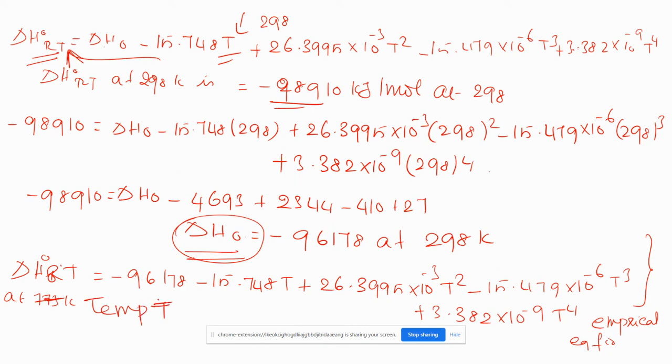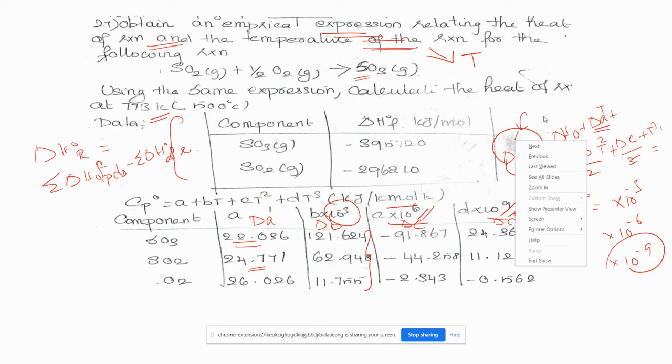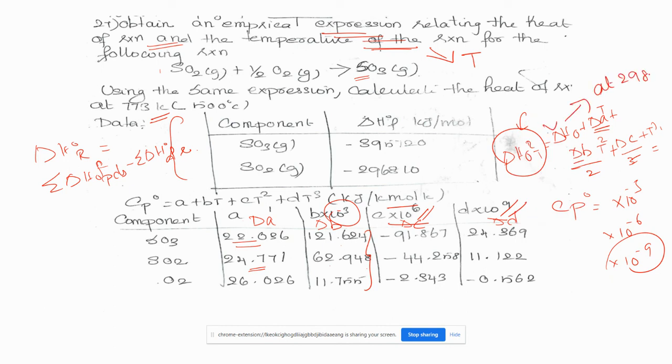So what is being asked in the problem is to obtain an empirical expression relating the heat of the reaction and temperature of the reaction. Here the temperature of the reaction is T. First you have to find del A, del B, del C and del D. Then by having these values, you will find the del H0 value at 298 Kelvin by substituting T equal to 298 Kelvin.